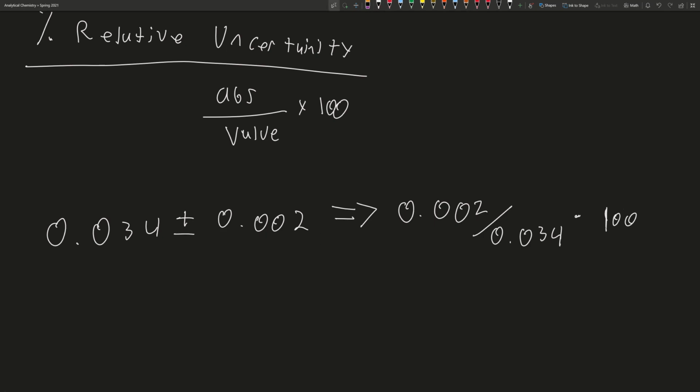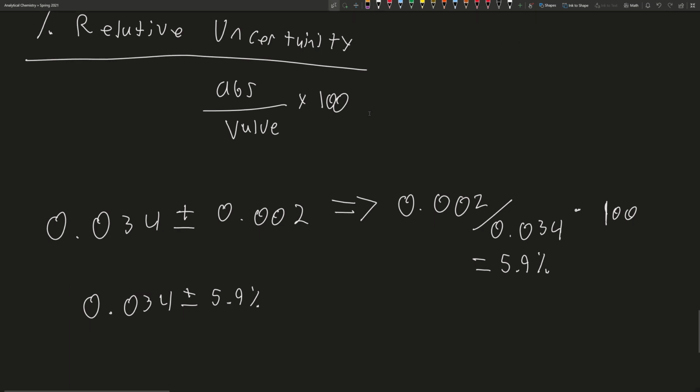We do that really quick. So that looks like it comes out to around 5.9%. So we will have 0.034 plus or minus 5.9%.